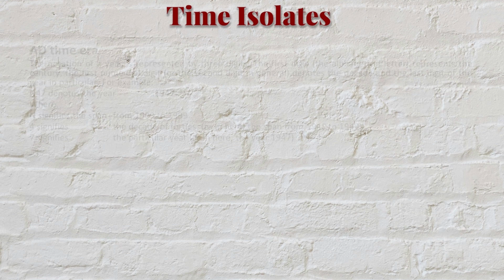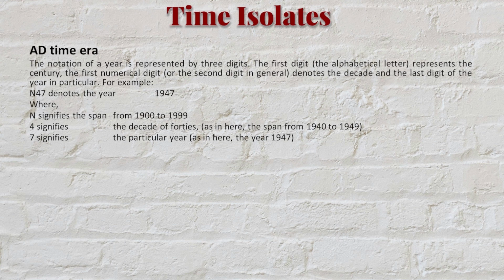Next, let us move on to the AD time era, according to how their notations are constructed in colon classification. The notation of a year is represented by 3 digits. The first digit, the alphabetical letter, represents the century. The first numerical digit, or the second digit in general, denotes the decade, and the last digit denotes the year in particular.